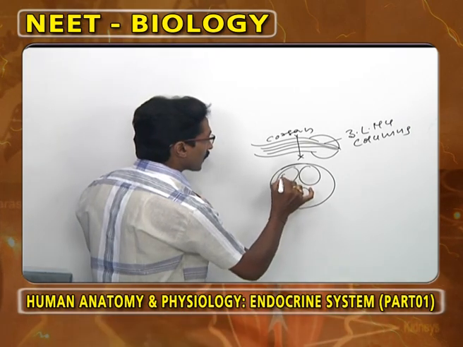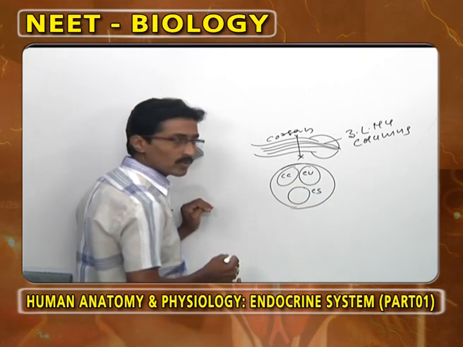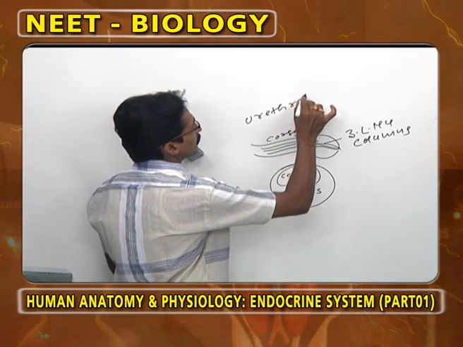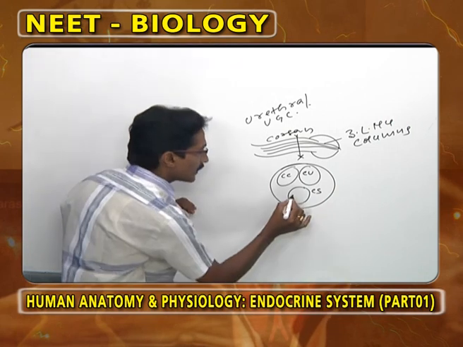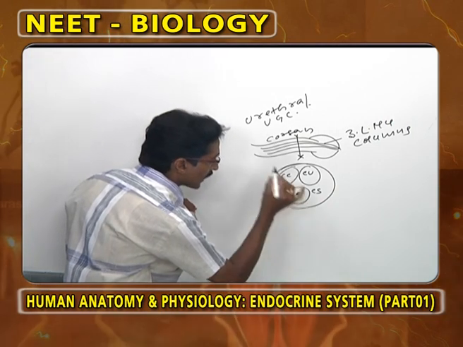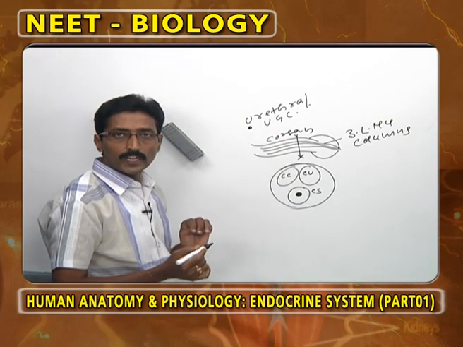Now what is the urethra? Urethra is nothing but the urinogenital canal. This dot indicates the urinogenital canal.